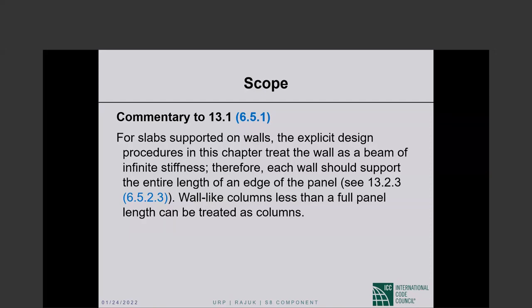Okay, so if it is wall supported, wall should support the entire edge. Wall-like columns, long columns, less than a full panel length, can be treated as columns. So if the full panel length is not supported, then a wall-like column is treated as a column, not a wall.